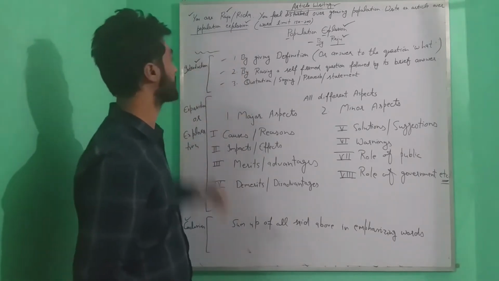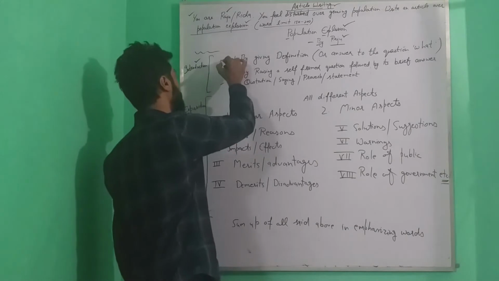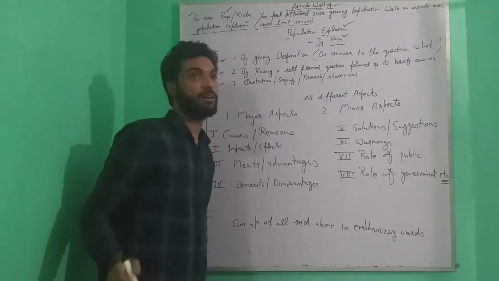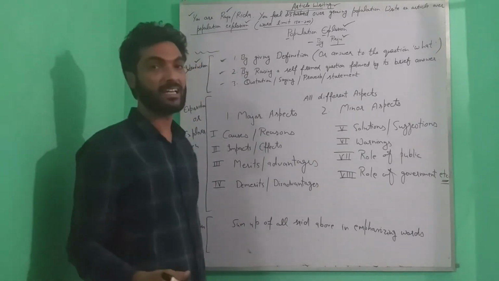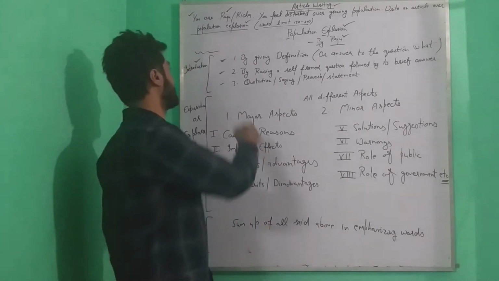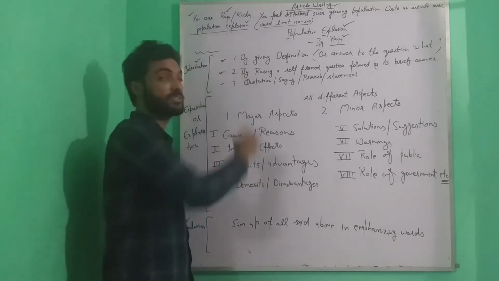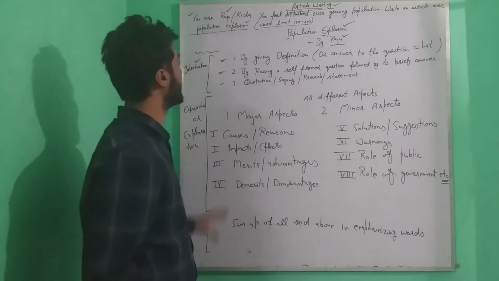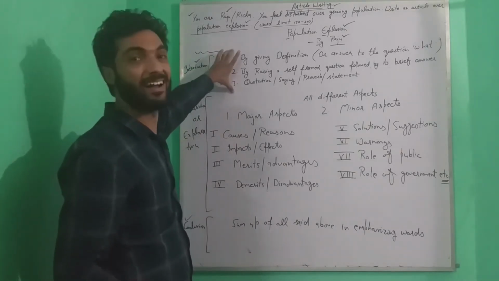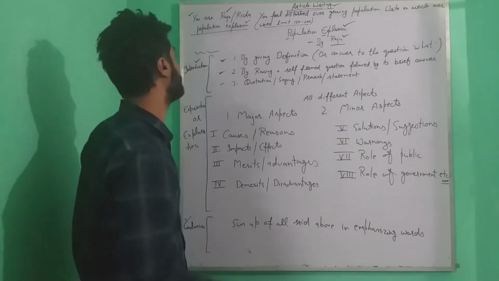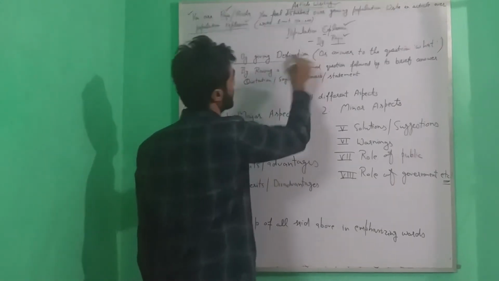The first one is introduction, and introduction has three kinds, because the biggest impression that we'll make is by giving a good introduction only. And we have three impressive ways to begin an article, and the very first is by giving definition.